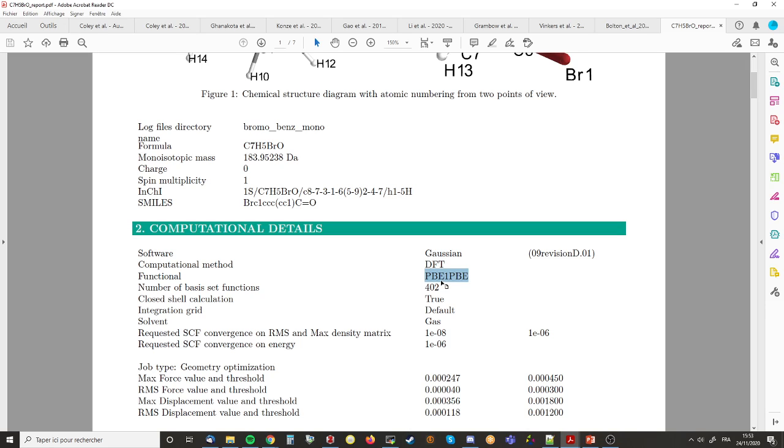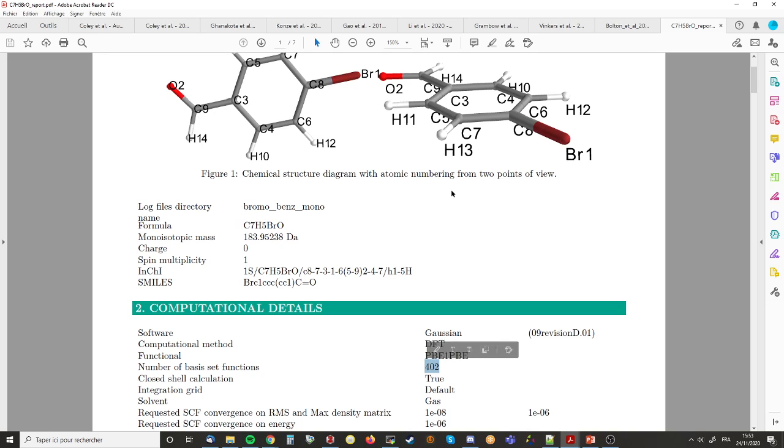And when you read a paper, or when you want to do some calculations, remember always to give the software the functional. Here it's the number of basis functions because it doesn't have the name, but the best is to put the name of the basis function.